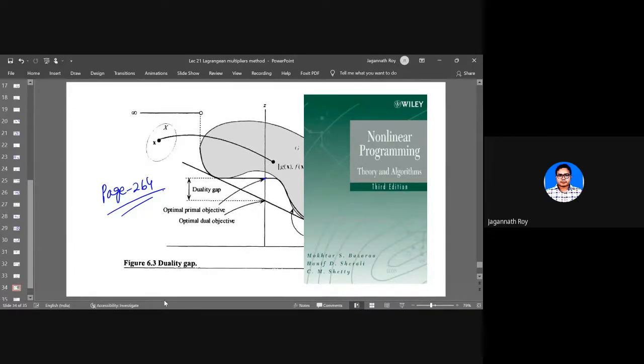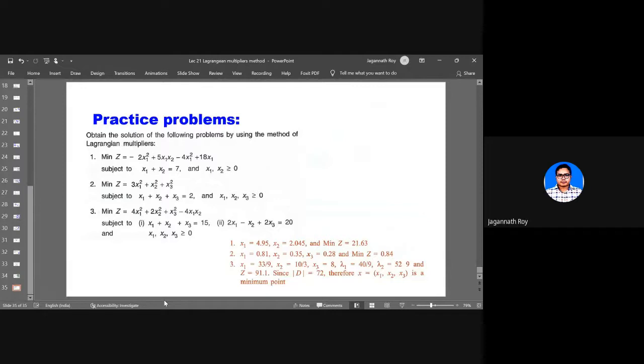So for your practice, I have added three simple problems, and try to verify these problems. The first one has only one constraint, two variables. This one has three variables, only one constraint. This has three variables and two constraints. Try to verify the results, whether they are correct or not.